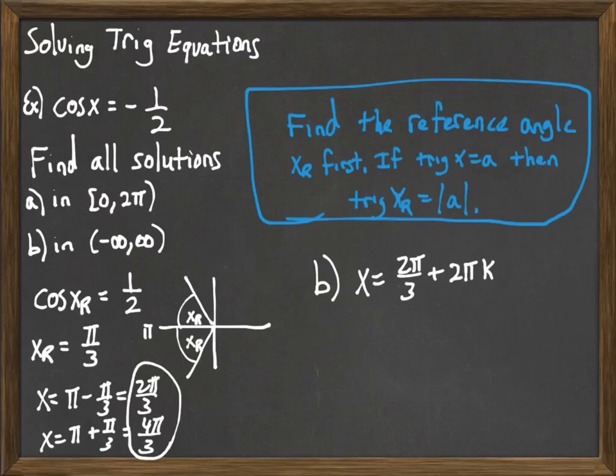That just means how many times you're going to turn around the circle to get the angle. And likewise, 4 pi over 3 plus 2 pi k. Anything in that format will be a solution to this equation.